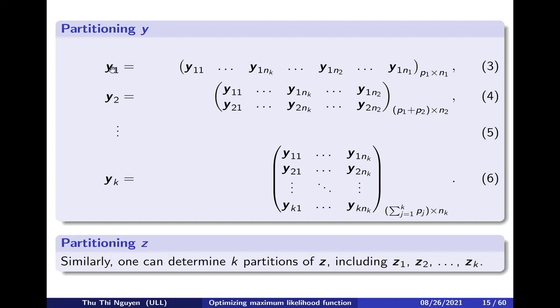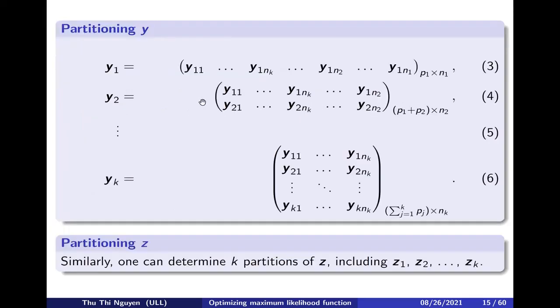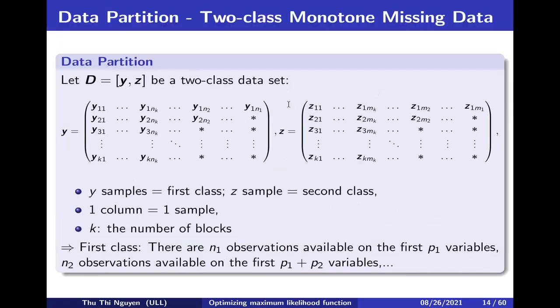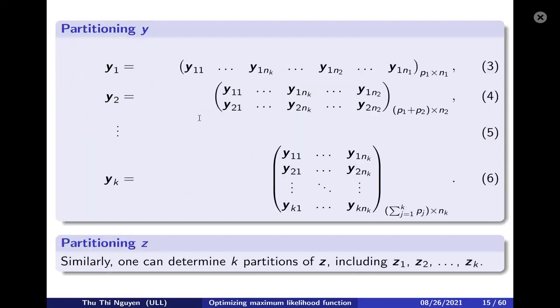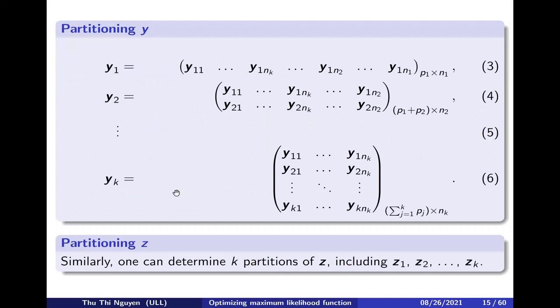We can see that Y1 consists of this row, and then Y2 consists of this row and this row with columns from this column to this column, and so on. And finally, Yk consists of the first k columns. And we can partition Z similarly into Z1, Z2, up to Zk.